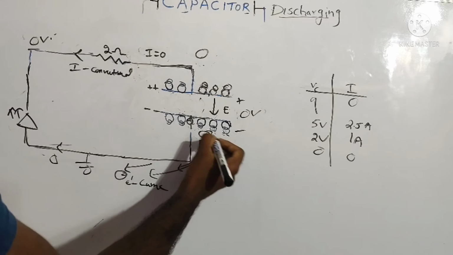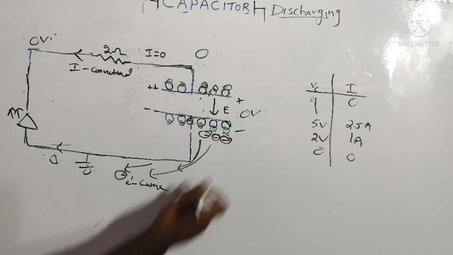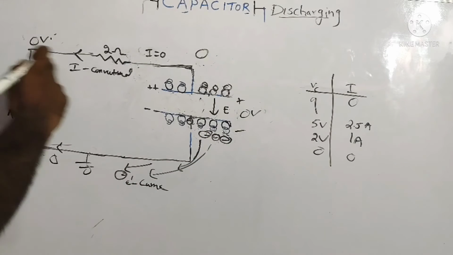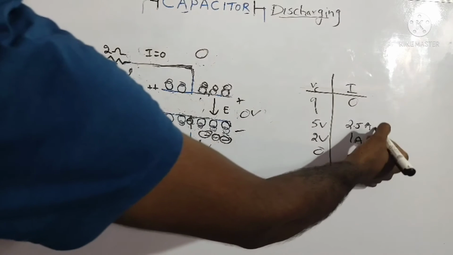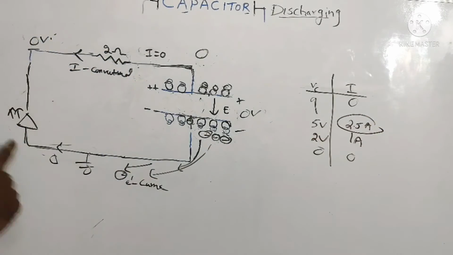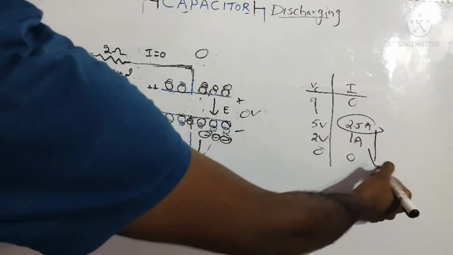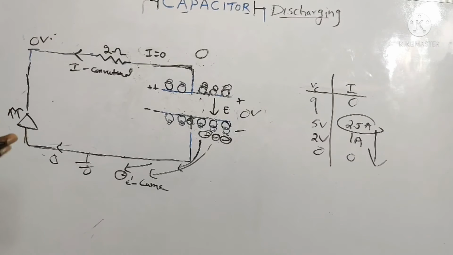When it is fully charged, the electrons will come here and go through this LED. As the electrons flow through this LED, the current is initially 2.5 amperes, and again the current reduces. As the current reduces, the glow of the LED will also decrease. I mean, it fades away gradually.